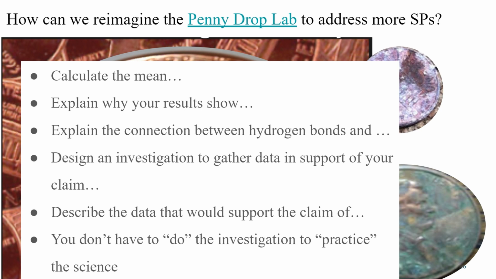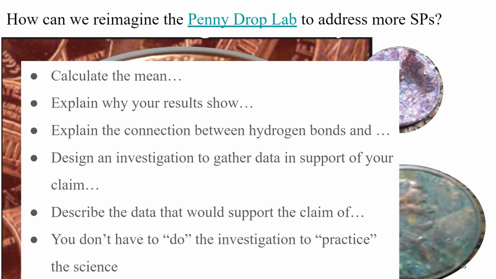That is one of the things, believe it or not, that they have to be able to do on the exam. And for some reason in the science classroom, that doesn't feel the same as it does in a math class. So calculate the mean, explain why your results show something. For mine, I do penny drop 5 trials with water, 5 trials with water and soap, 5 trials with isopropyl.